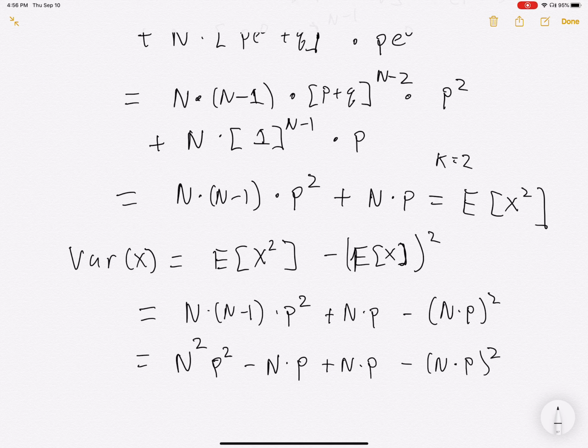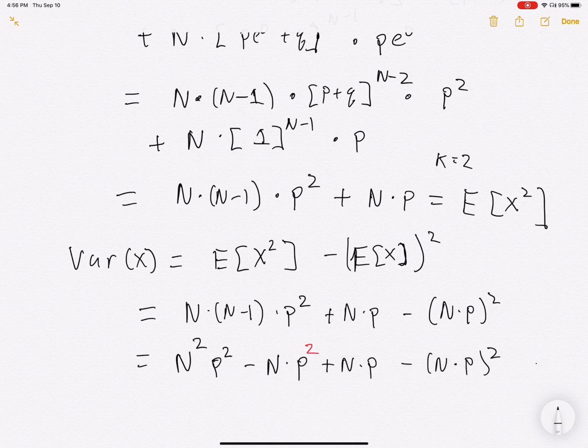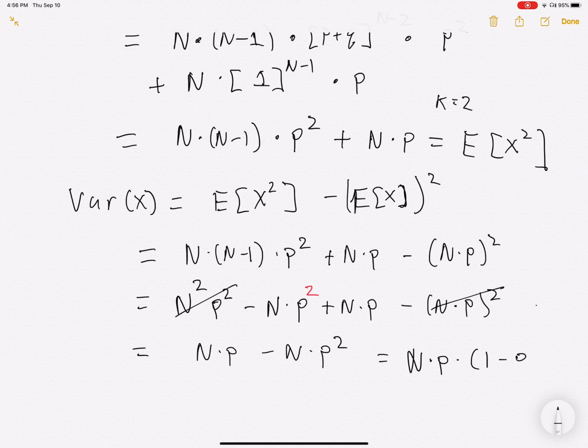And hold on a second. This one is squared. Okay, so great. That was just a little bit of an algebra mistake from one line to the next. So n squared p squared cancels. And what I have is n times p minus n times p squared. And we're just going to factor this out. It's going to be n times p times (1 minus p).